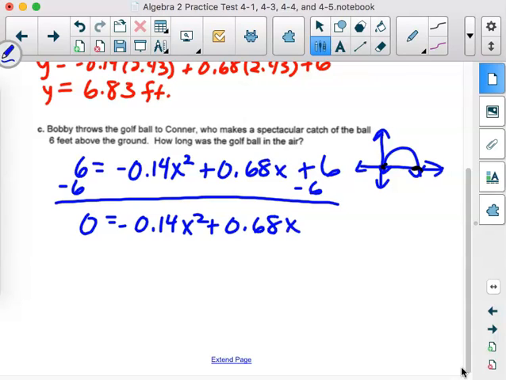It does, but we can still solve this by factoring. In fact, if you look at this for just a second, you're going to see, hey, there's an x in both of those. And really, to solve it, that's all you had to notice. So what you'll do is take an x out, or in fact, let's take a negative x out in this one because we have the negative in front of our x squared term.